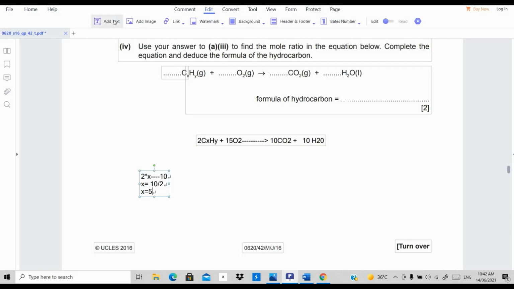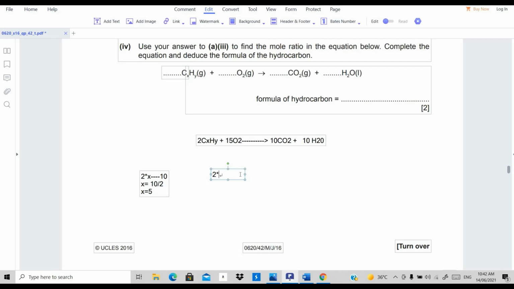Now we need to find the value of y, which is for hydrogen. Basically we are finding for hydrogen. So we first need to check in the product side how many hydrogen atoms we have. We have 20 hydrogen atoms. You can see clearly here we have 20 hydrogen atoms. Now we need to check with 2 what number will multiply to get 20.